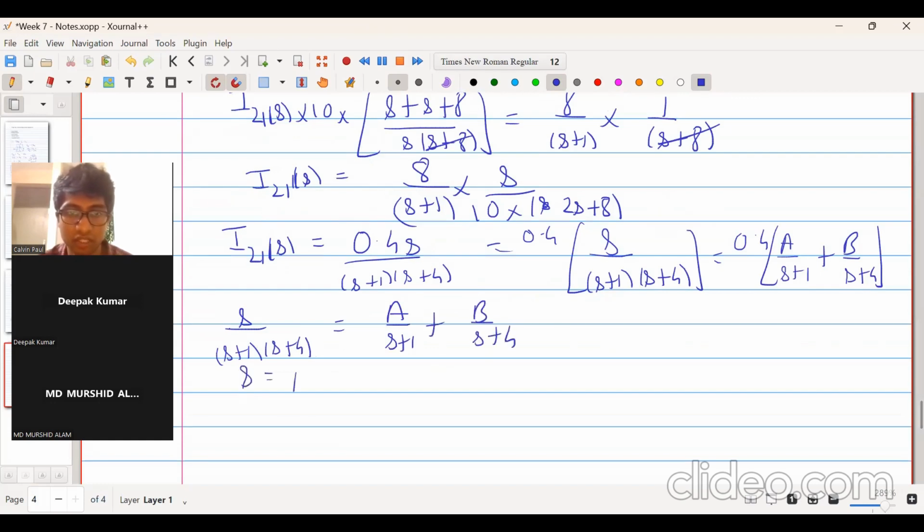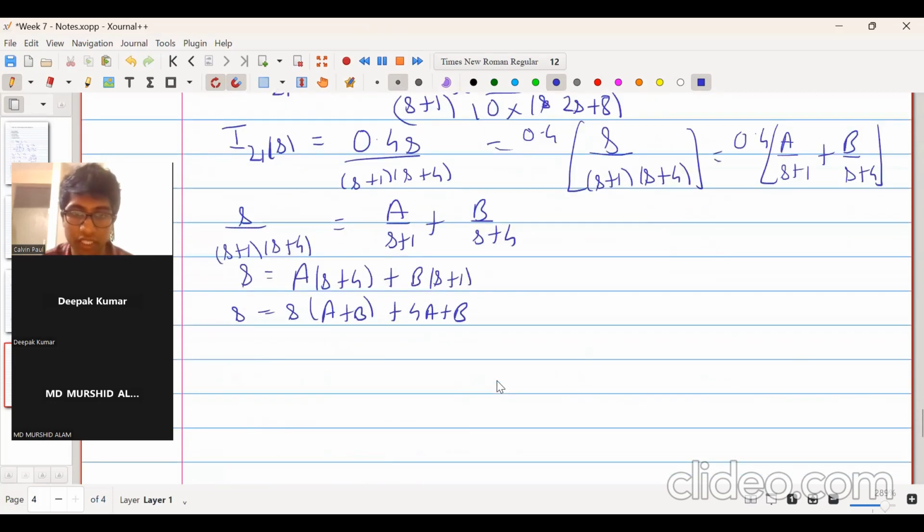So S is equal to A into S plus 4 plus B into S plus 1. So we get S is equal to S into A plus B plus 4A plus B. Now we equate the coefficients of S and constant. So we get A plus B is equal to 1 and 4A plus B is equal to 0.